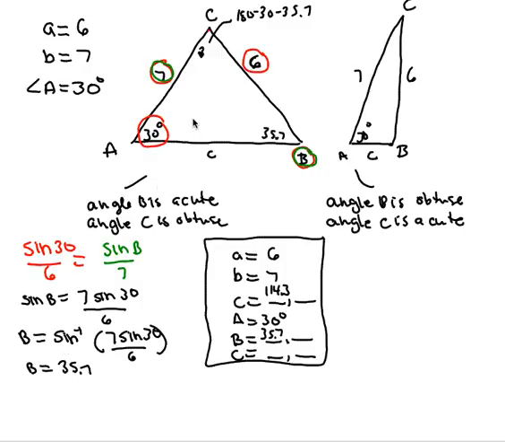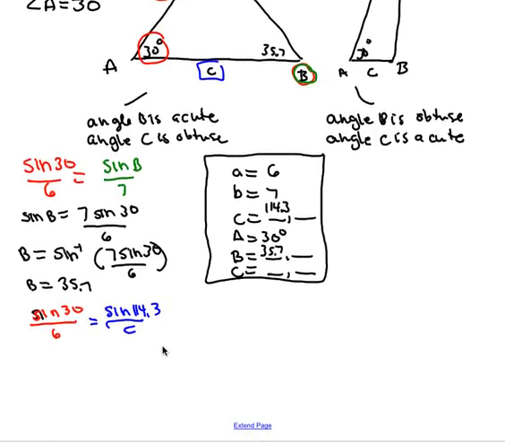I'm going to use red again. The sine of 30 over 6 equals the sine of 114.3 over C. Now I'm going to cross multiply, so C over 6 equals the sine of 114.3 divided by the sine of 30.